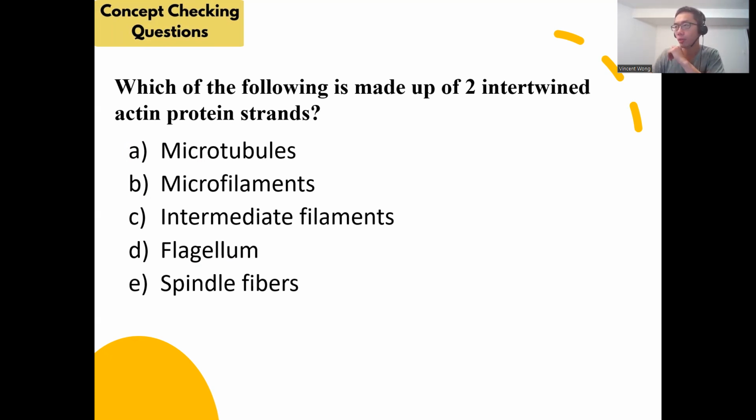Okay, I get my usual 7 or 8 responses. Very good. The correct answer is, of course, the microfilament, right? Yeah, this one.